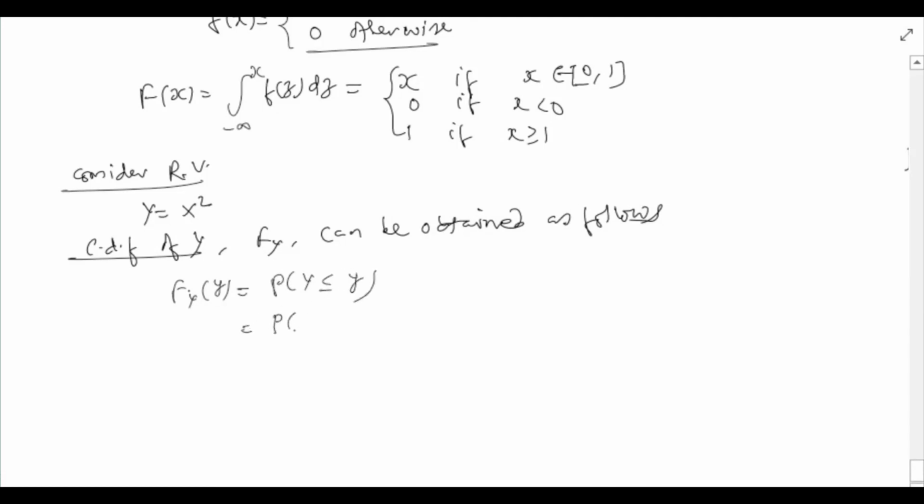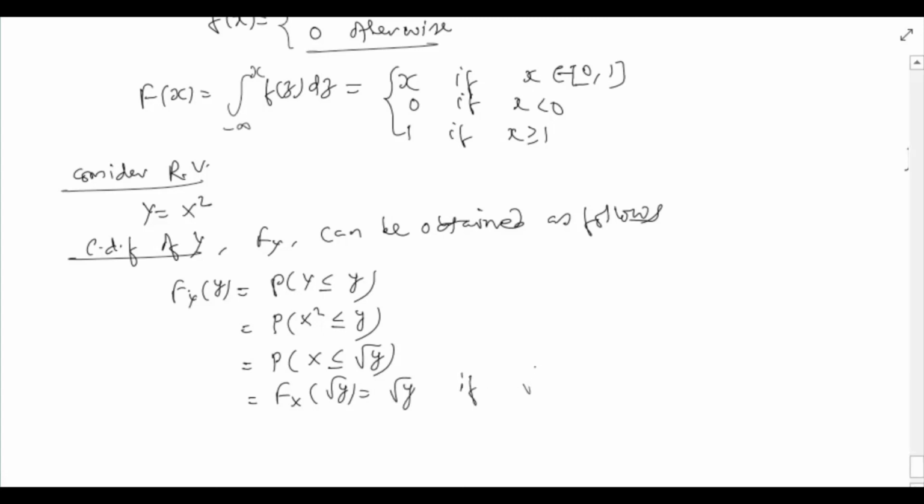Since capital Y is X square, this is the probability that X square is less than or equal to small y, which is the same as saying that X is less than or equal to root y, which is F_X(root y), which in turn is equal to root y from the graph above.